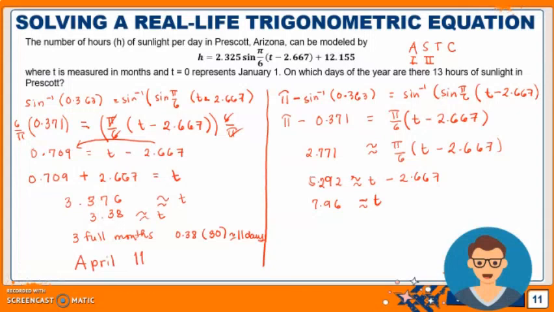Same goes with the time t = 7.96, which represents 7 full months and 0.96 times 30 days, so that is 29 days. So that's 7 months and 29 days, approximately August 29. Thus, the days of the year when there are 13 hours of sunlight in Prescott are April 11 and August 29.